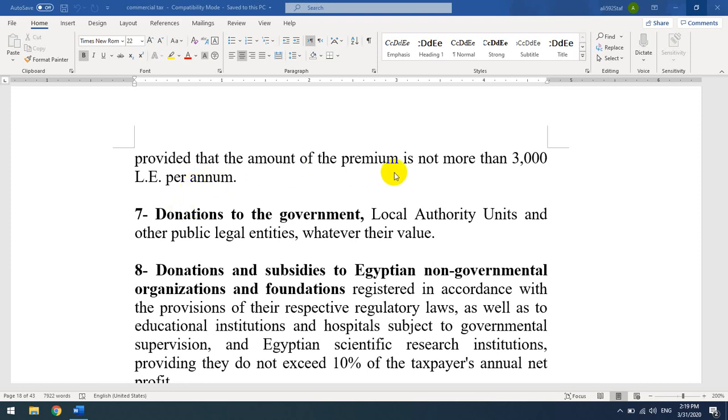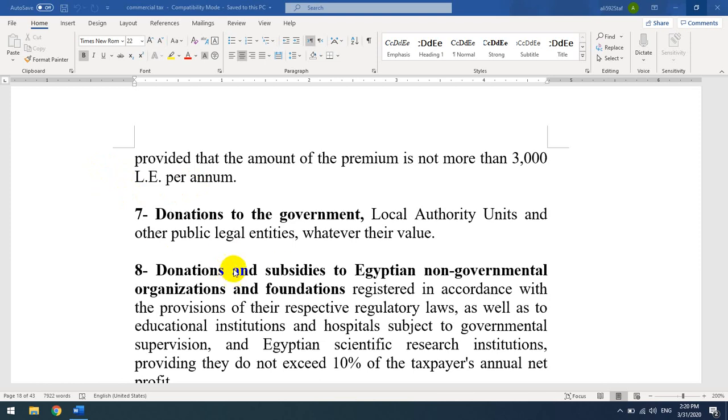The premiums of this private insurance system, this amount has to be limited to not more than 3,000 Egyptian pounds per annum per year. Total amount has to be limited to 3,000 Egyptian pounds.